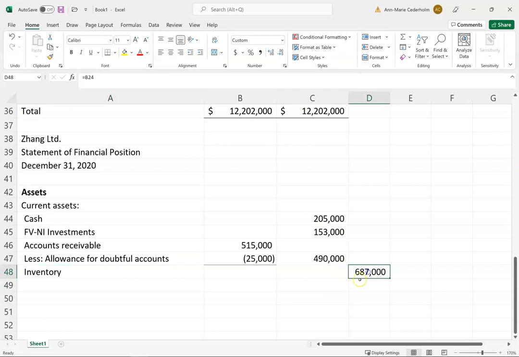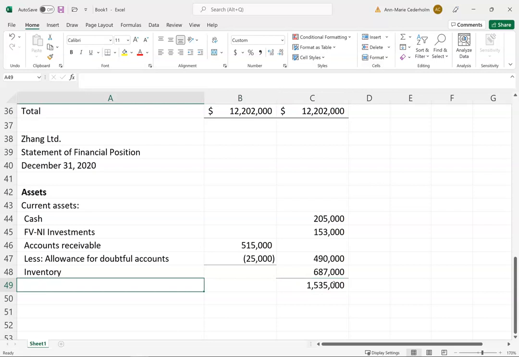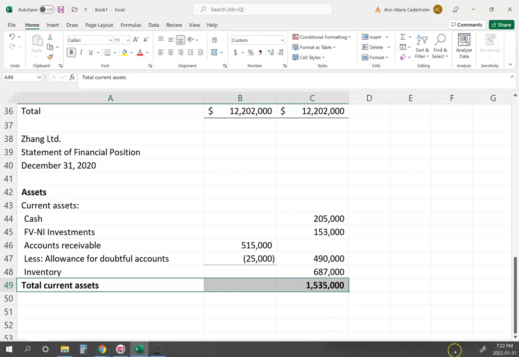And now I'll just total them up. Okay. So now I can total these. So I'll just sum these together. And I'll put the dollar signs on them after when I clean up the statement. Now, this is my total current assets. And I like to highlight these subtotals.